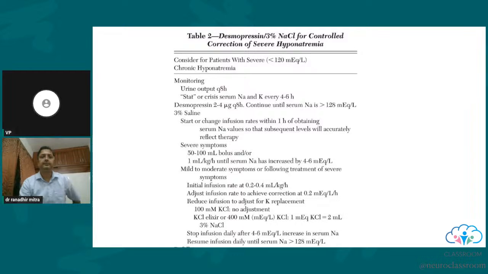The sodium might rapidly correct. So giving a dose of desmopressin, either intranasally, orally, or through the Ryle's tube, is the preferred technique, where we can slowly correct the hyponatremia and keep it under control. Because once the patient starts passing urine with water diuresis, even though you monitor sodium, by the time the result comes, it's going to take a long time.